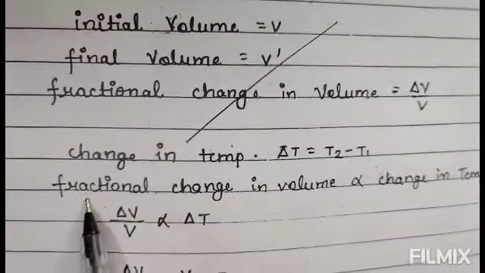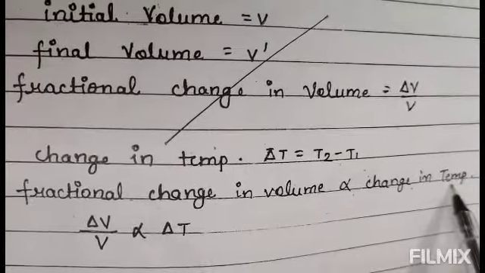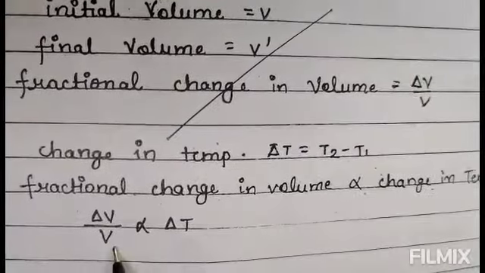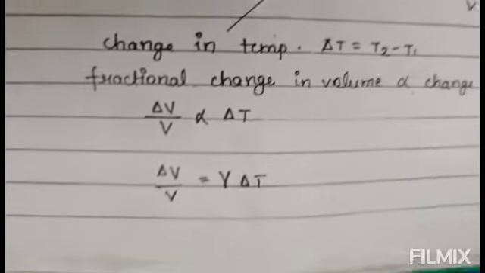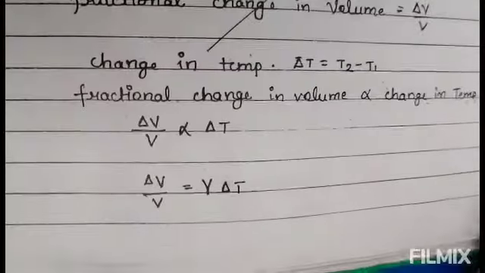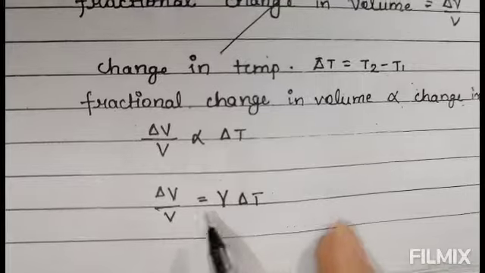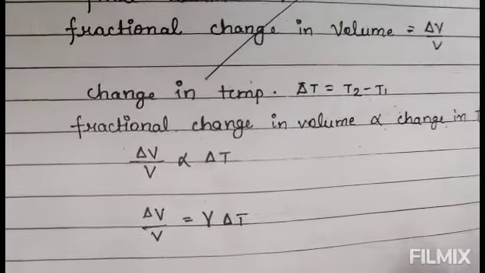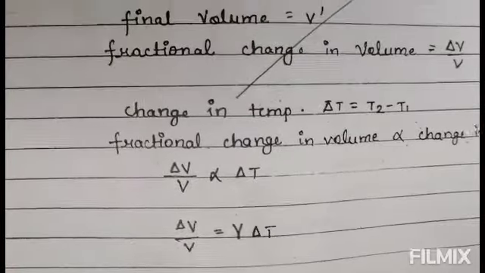As stated earlier, fractional change in volume is directly proportional to change in temperature. So del V upon V is directly proportional to del T. That means del V upon V is equal to, we'll just remove the proportional sign, gamma del T. This gamma is a proportionality constant, and it is called the coefficient of volume expansion.